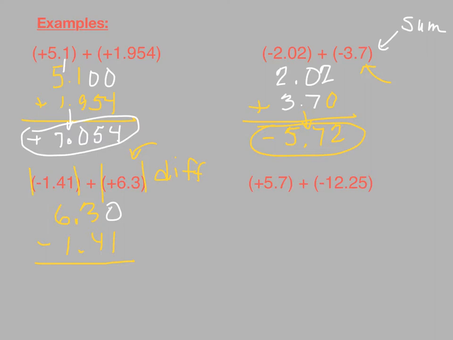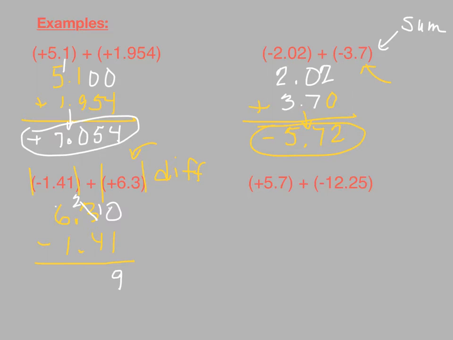I can't take 1 away from 0. Be careful here. I know that some of you may be inclined to take 0 away from 1. That's not what we're doing here. We're taking 1 away from 0, which means we need to borrow from the 3. That becomes a 2. My 0 becomes a 10, because remember, I'm borrowing from the tenths there. So 10 minus 1 is 9. 2 minus 4, again, I can't do that.